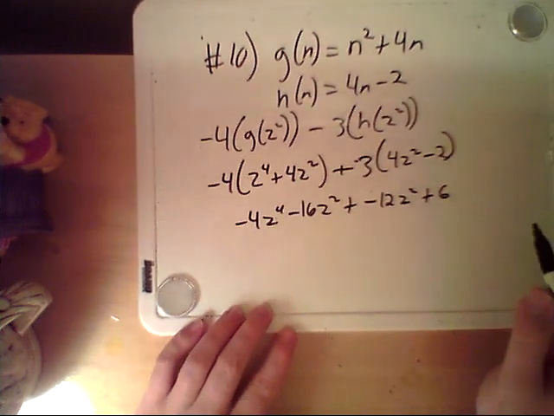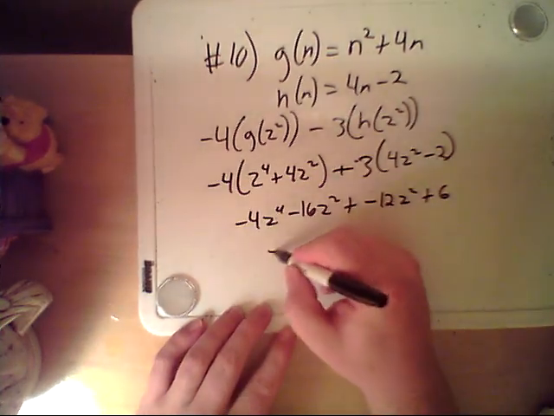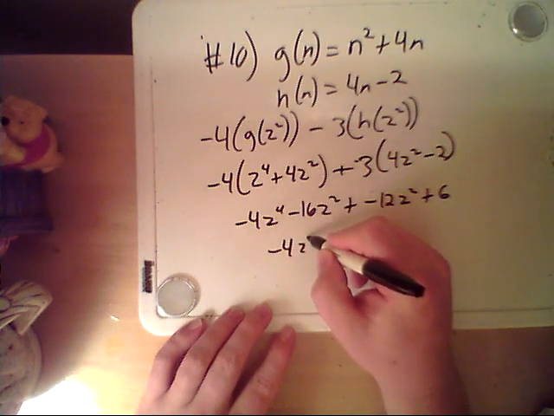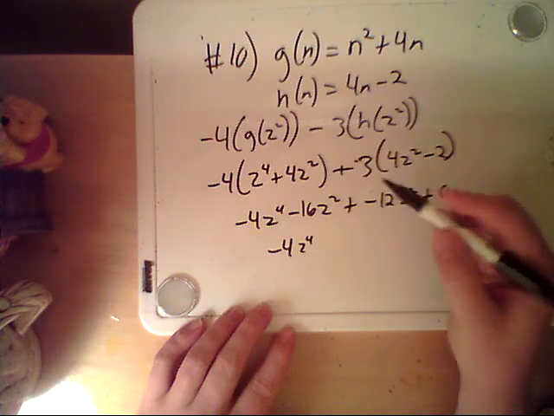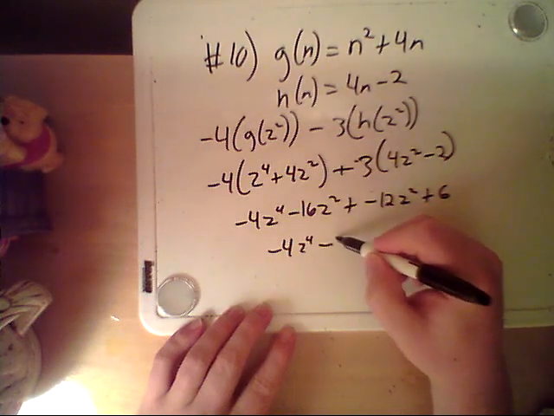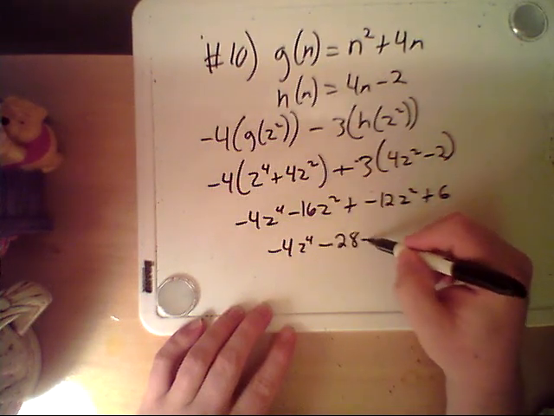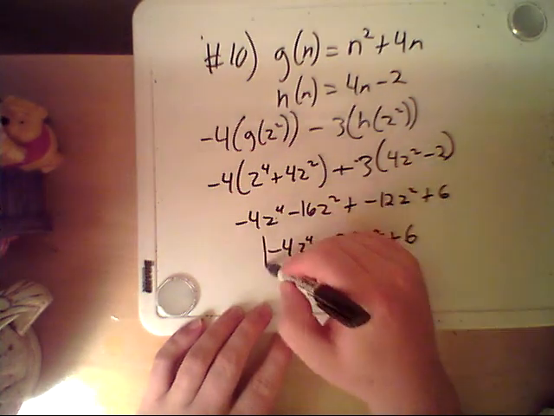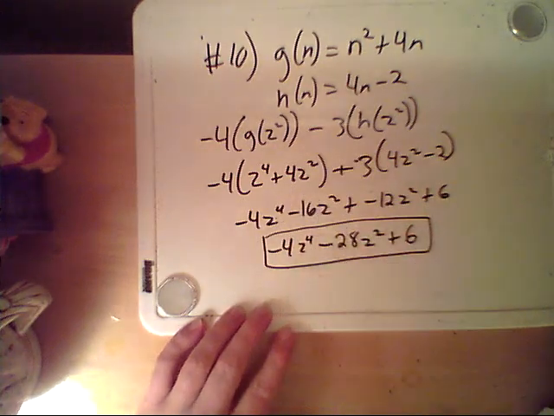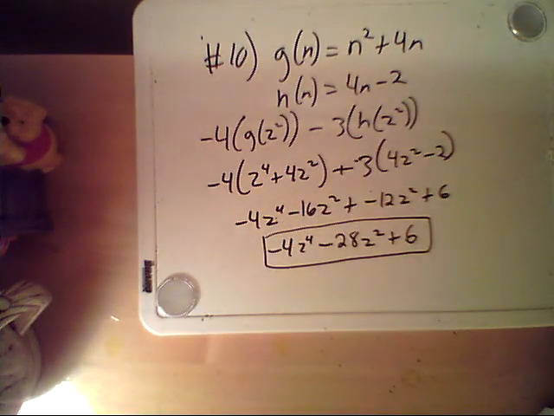And let's combine some terms if possible. Yep. We have negative 4z to the 4th, then minus 16z squared minus 12z squared, so it's going to be minus 28z squared plus 6. And we're done. I'll see you guys in the morning.